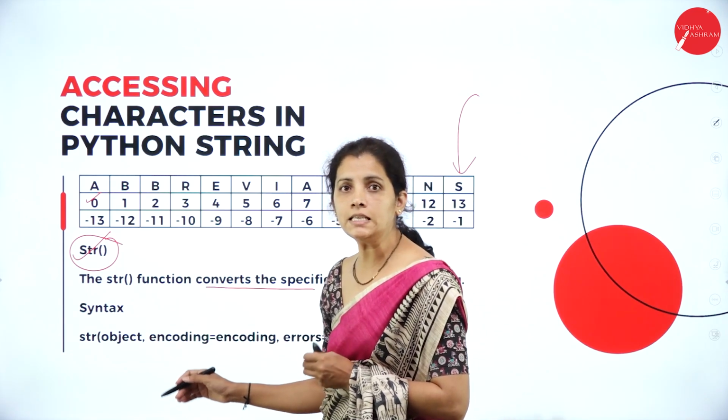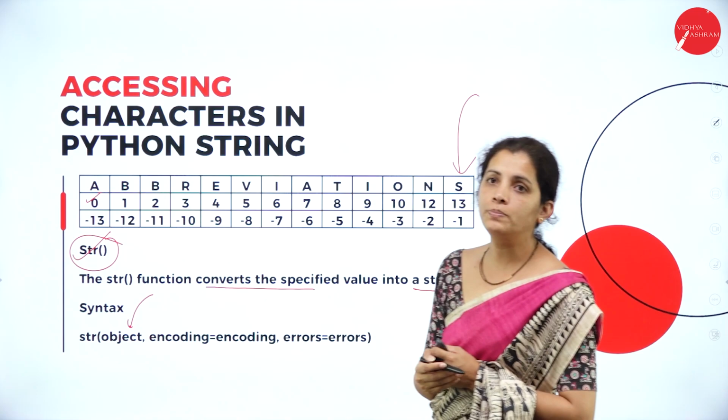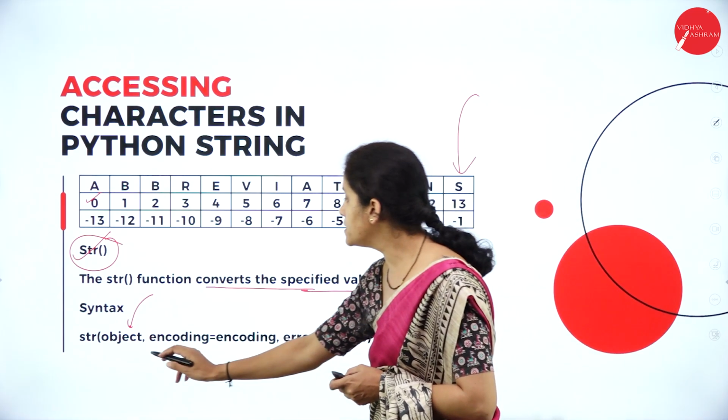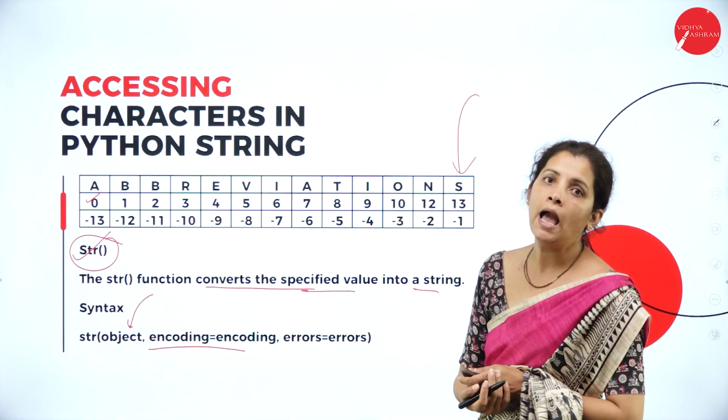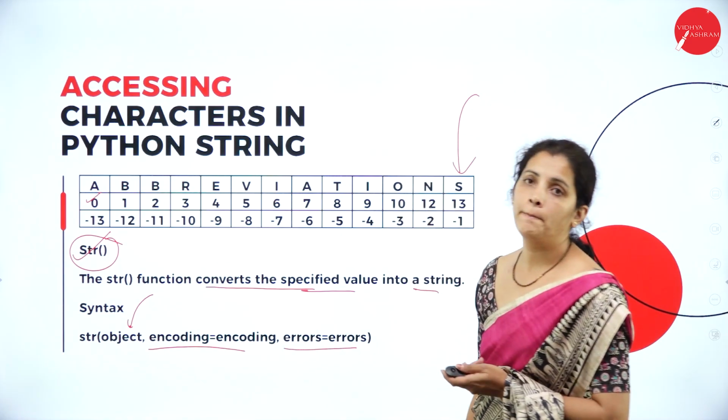Now, if I consider the syntax here, I'm going to have the object. The object is nothing but the specified value, and I want to specify the encoding, and if there is any error, I want to mention that.